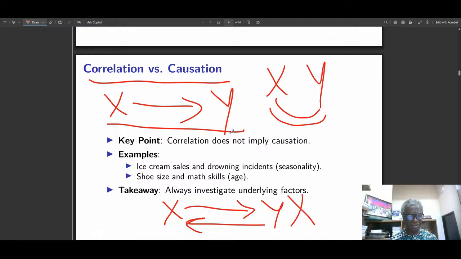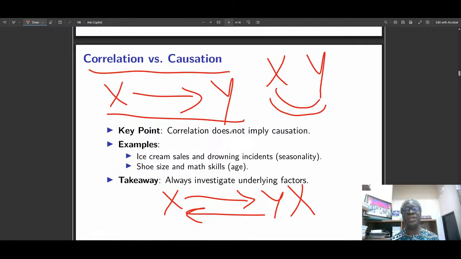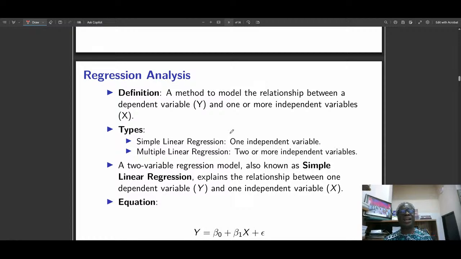And that takes us to regression analysis. So in regression analysis, we now try to use the knowledge.